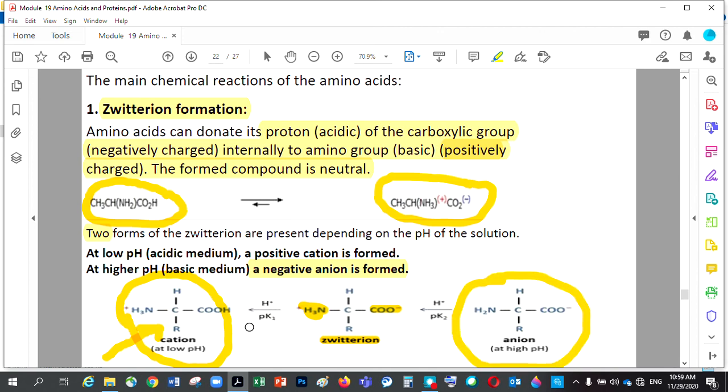You can look at the protonation and reverse protonation of the amino group. Too much acid means too many protons present, and it will protonate the carboxylate, and you get the structure on the left. If you have too much base, the base will come and pull out the extra hydrogen from the amino acid, and you get the anion type of structure.